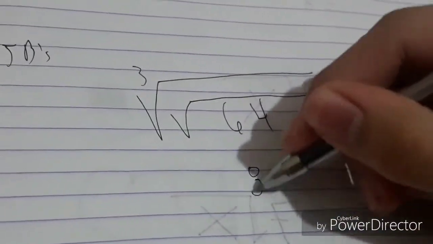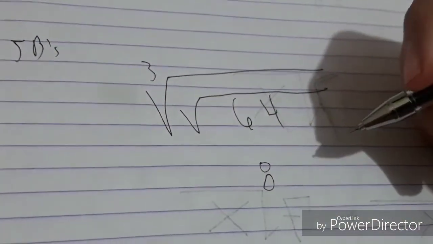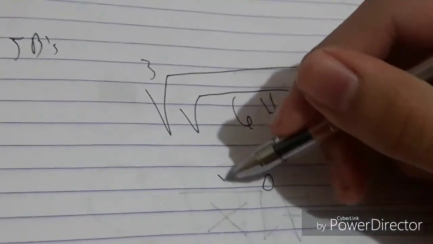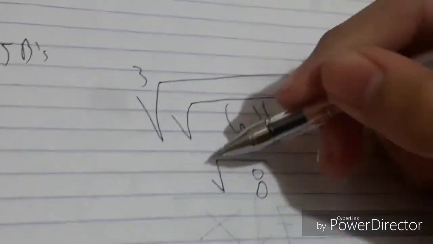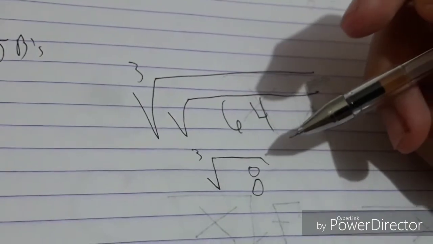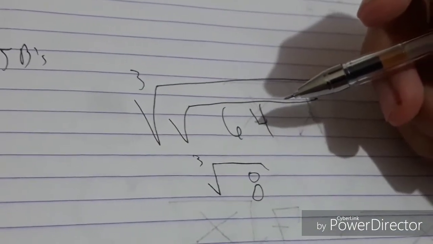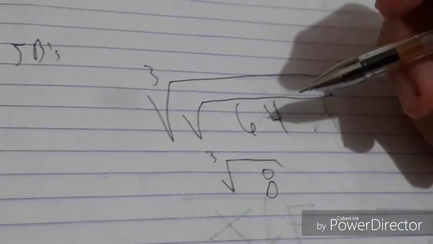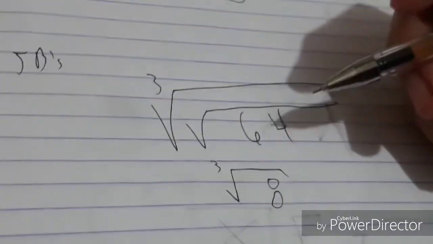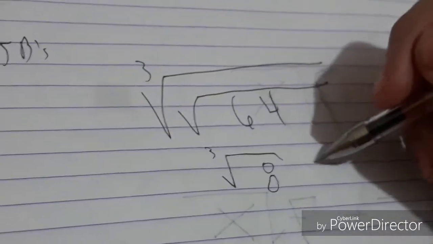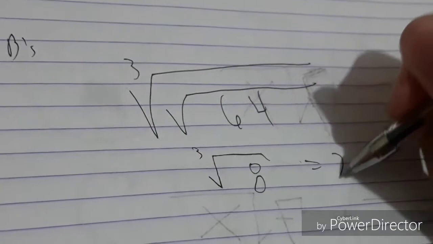The square root of 64, as we've answered already, is 8. Don't judge my handwriting. So next we have the cube root of 8, and you're probably wondering as well, what's a cube root? It's practically a square root, but it's 3. So anyway, the cube root of this is 2.